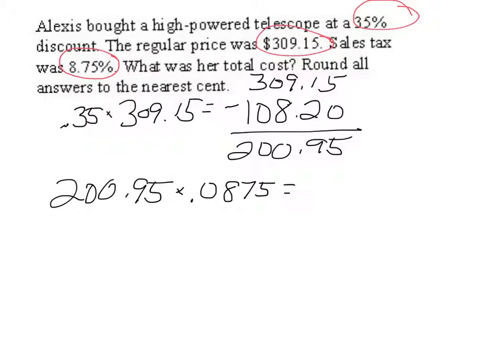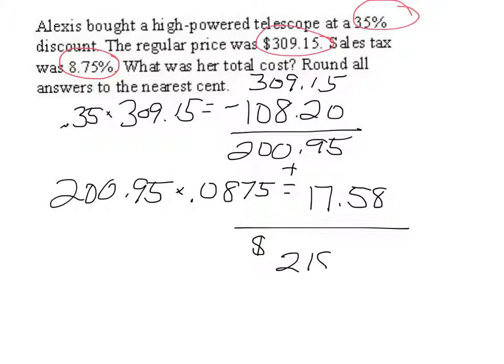And she gets to pay $17.58. So I need to add that on. And we get a total price after tax of $218.53, which in the world we live in, we have to pay sales tax, and it's fun to shop with discounts.